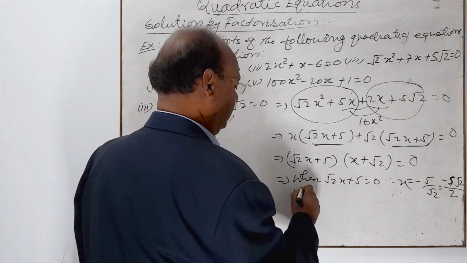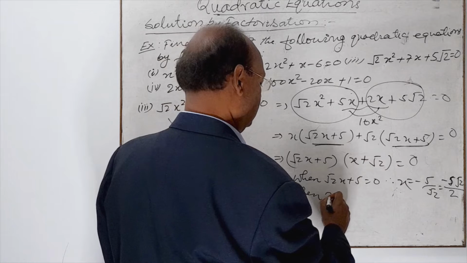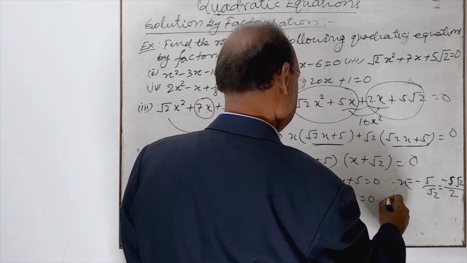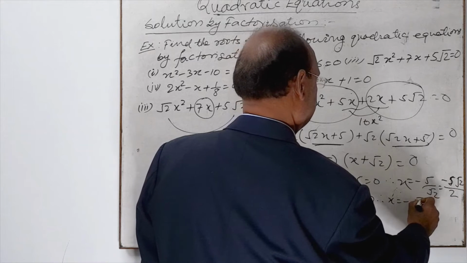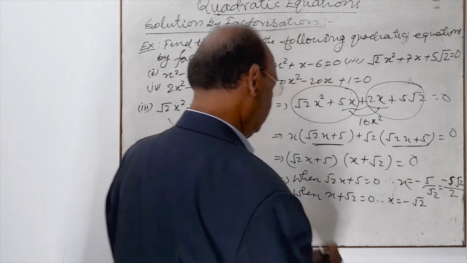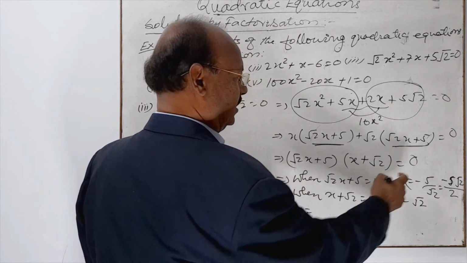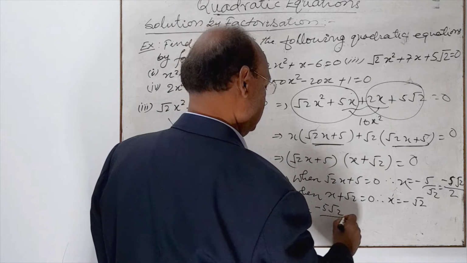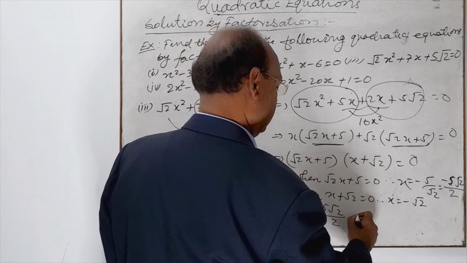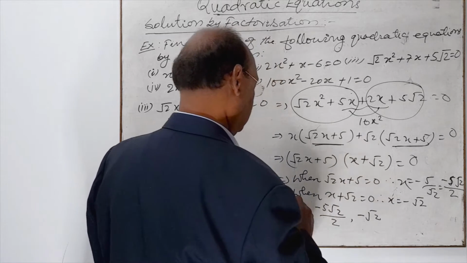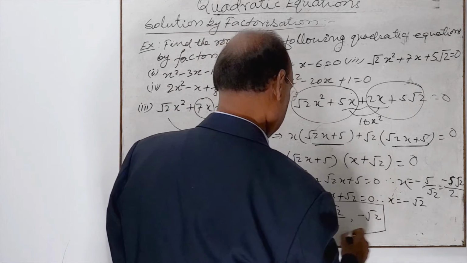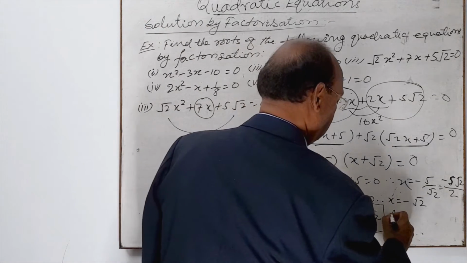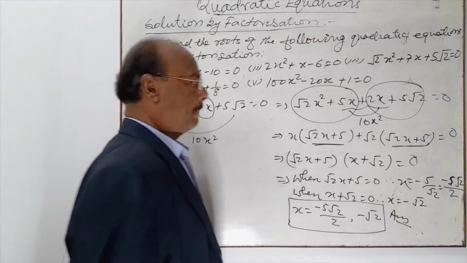Whenever x plus root 2 is equal to 0, we are getting x is equal to minus root 2. So you are getting two values of x here: first is minus 5 root 2 upon 2, and second is minus root 2. These are the solutions of this quadratic equation. So we got the answer here.